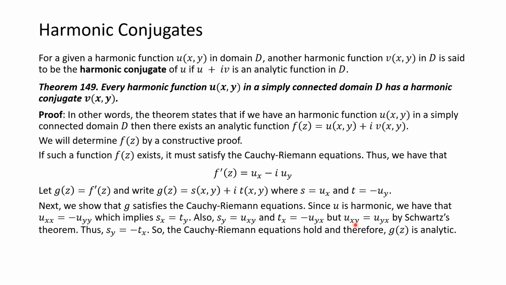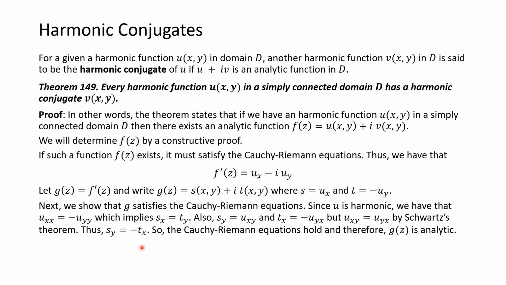So that means that if we make these substitutions in here, if these two are the same, then we get the partial of s with respect to y equals negative the partial of t with respect to x. That's just plugging this into here.